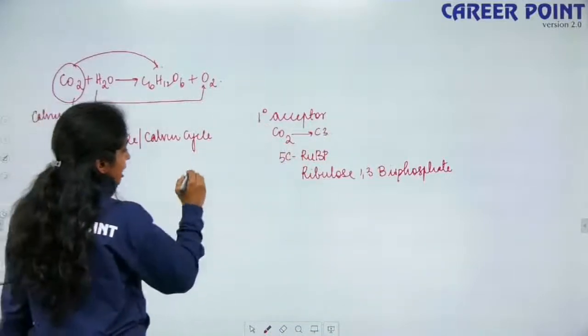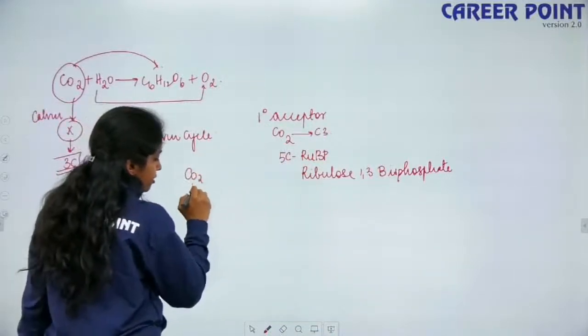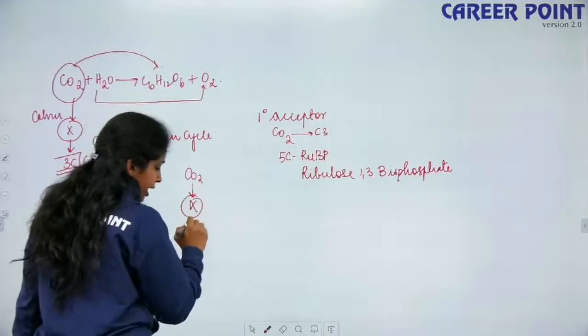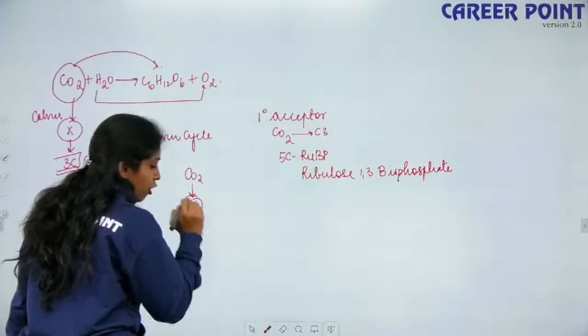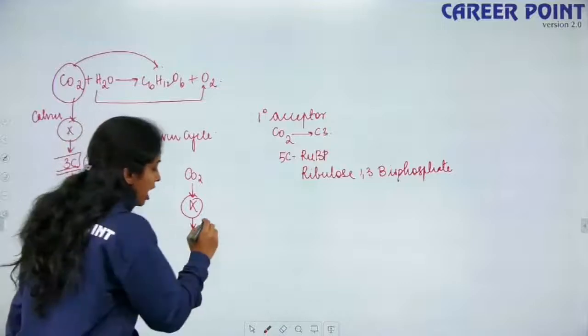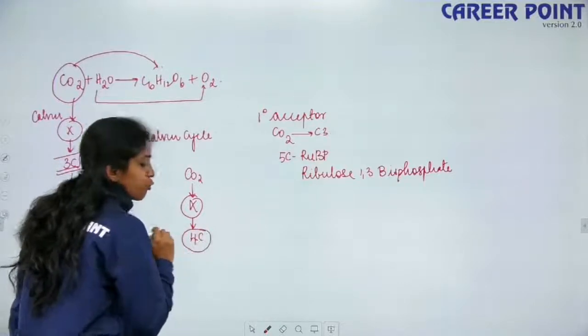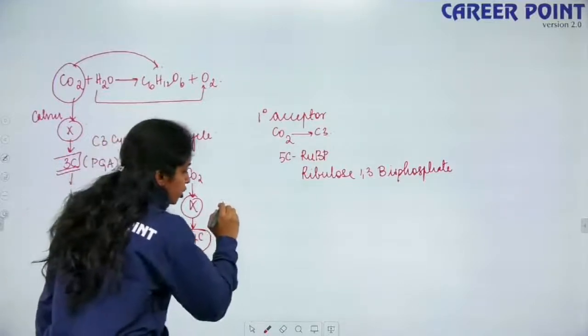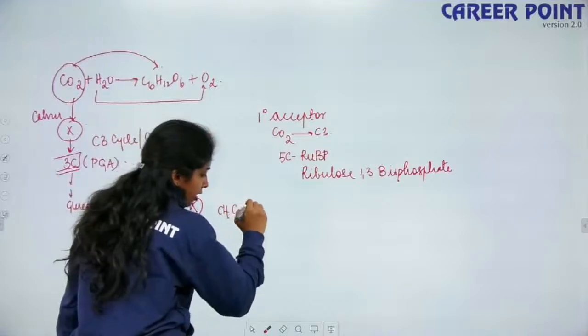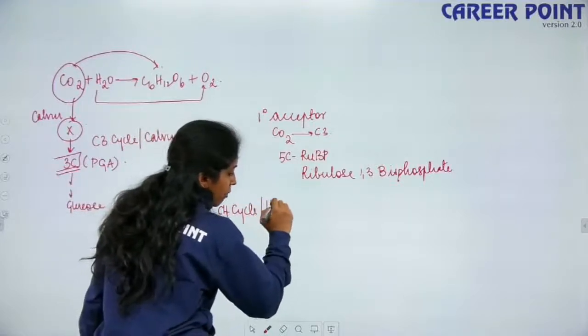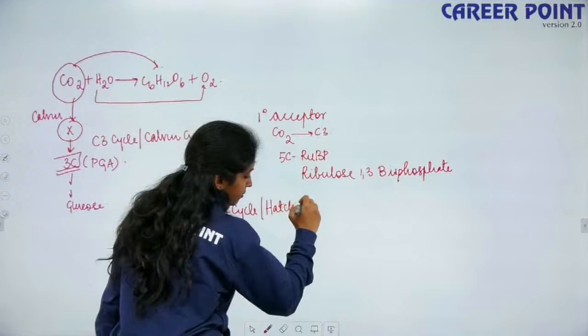So in certain plants, the carbon dioxide is accepted by a compound X, and the stable compound formed is a 4-carbon compound. Since it forms a 4-carbon compound, this is called the C4 cycle, discovered by Hatch and Slack.